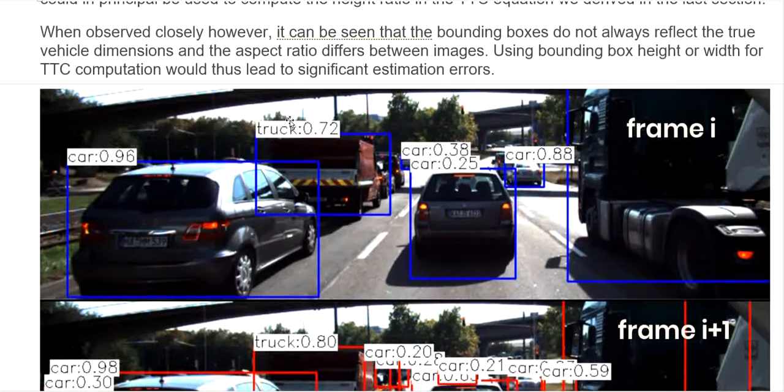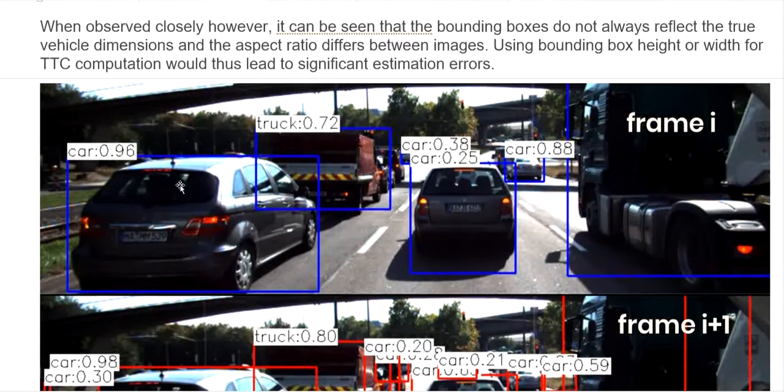When we observe closely, however, it can be seen that the bounding boxes do not always reflect the true vehicle dimension, and the aspect ratio differs between images, right? Using the bounding box height and width for the time to collision computation would thus lead to significant estimation error.